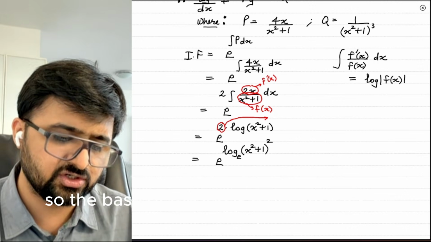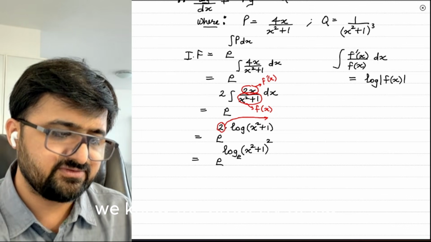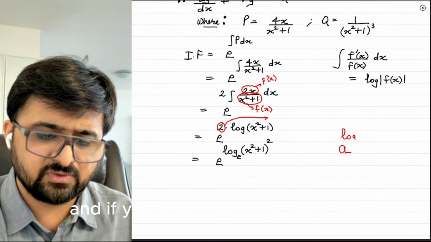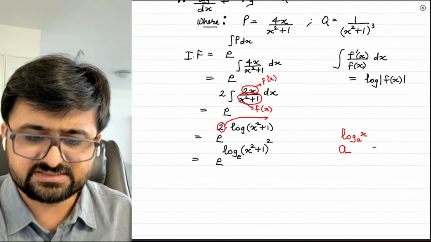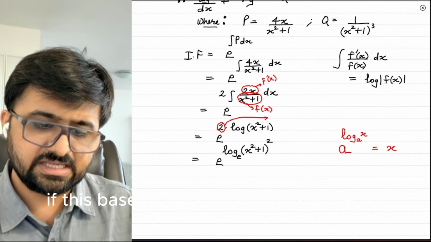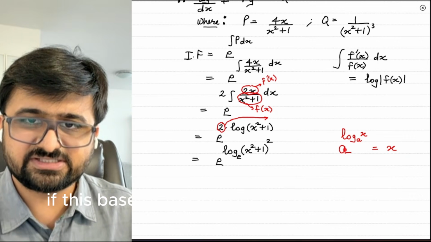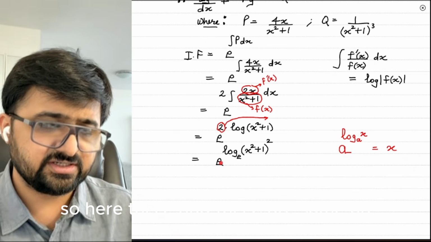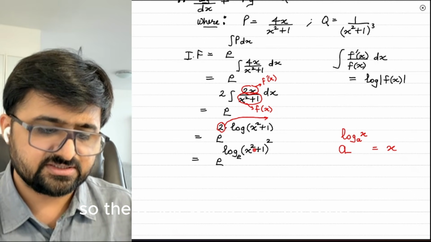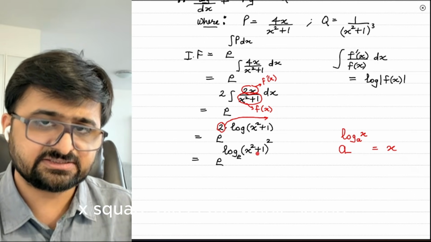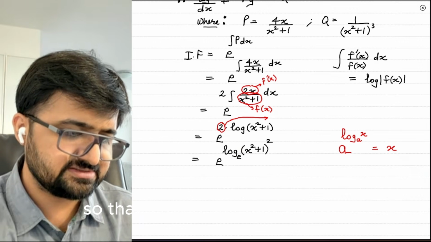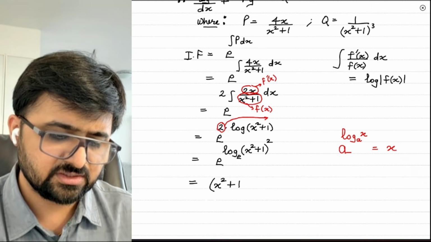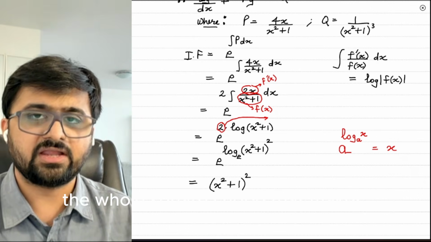Because the base of the log is e, we know the property of log that if you have a to the power log to the base a of x, this is nothing but x. If the base of the log becomes equal to the number in the base, the result is just x over here. So here this e and this e are the same, and the result will just be x square plus 1 the whole square. So your integrating factor is (x square plus 1) the whole square. I hope that makes sense.